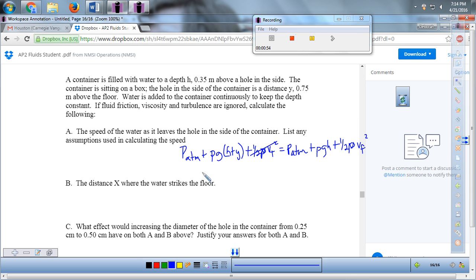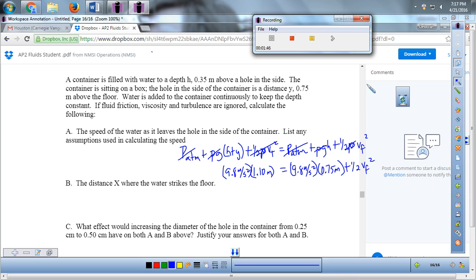So these will be the same. So I have rho, which is the same for everybody. So I have g is 9.8. h plus y is 0.35 plus 0.75, which is 1.10, is equal to rho, which got canceled out, gravity, height of 0.75 meters, plus 1/2 v_f squared.